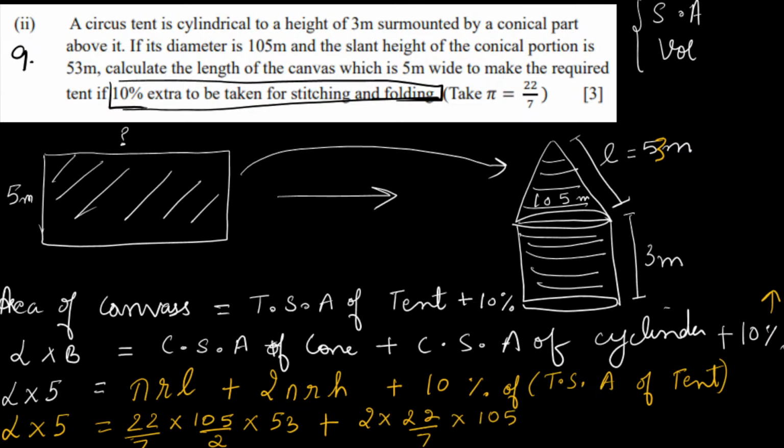The cylinder's radius is the same, 105 by 2, into the height of the cylinder, which is 3, plus 10% of this TSA. When we find this TSA, that time we will write. So any cancellation can we do? This we can cancel, 2 into 11. If you want, you can take out common factors also. That way also you can do.